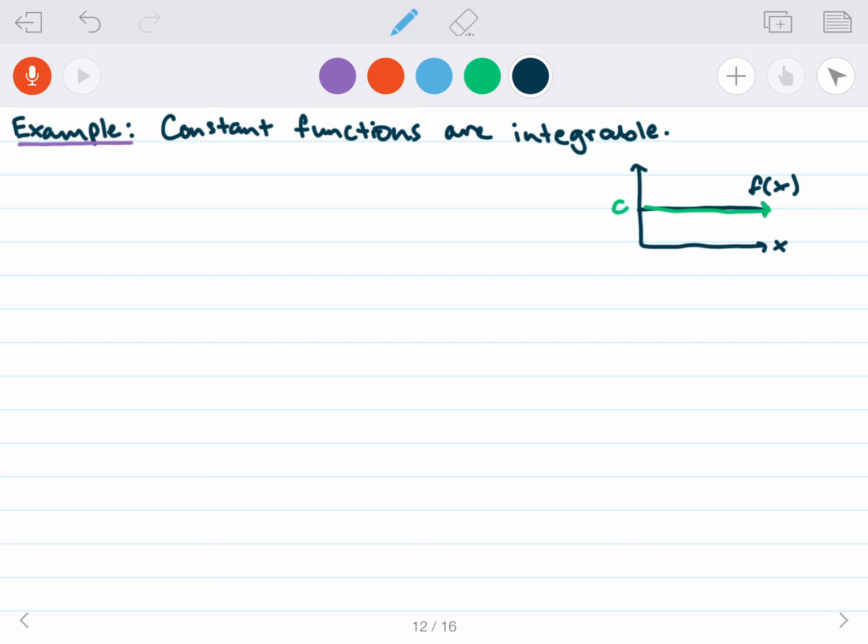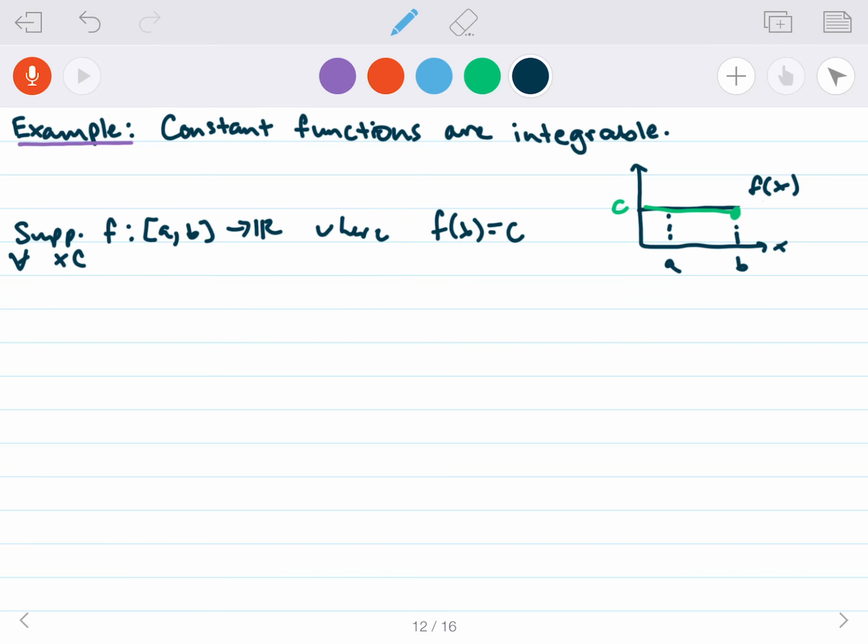Everything's fine. So let's say that this thing is going from a to b. Maybe that's where my function's defined, from a to b, this constant function. And let's write it out. So suppose we have this constant function from a to b to R, where f of x is equal to c for all x in my interval a to b.